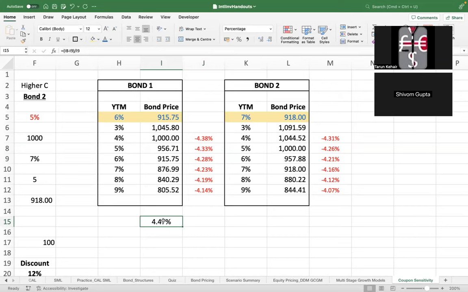Did you understand? So that is the basic underlying principle of the yield price relationship and what causes convexity in the shape of those relationships. Okay.